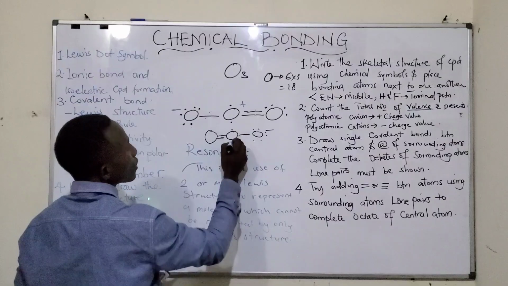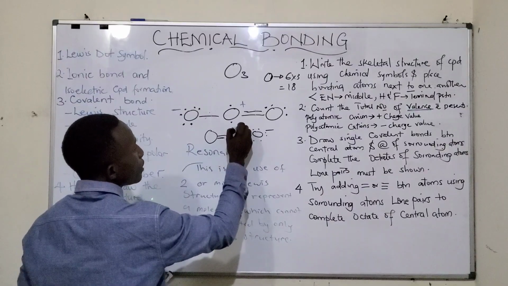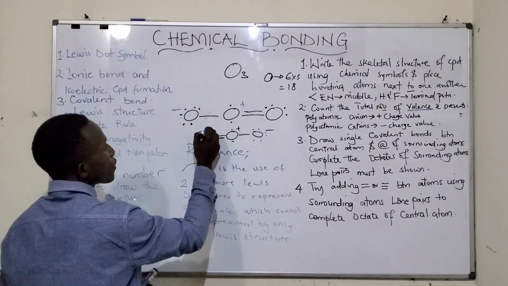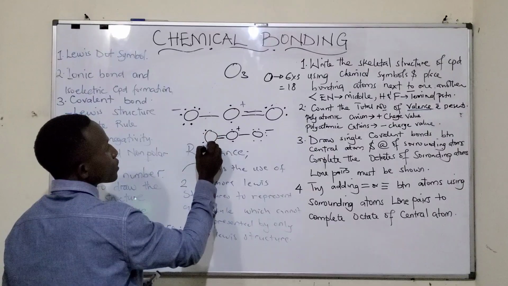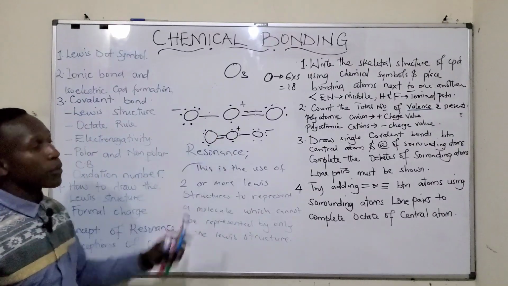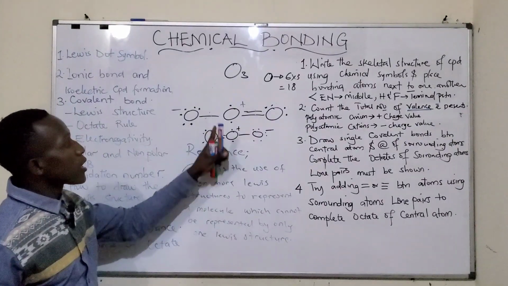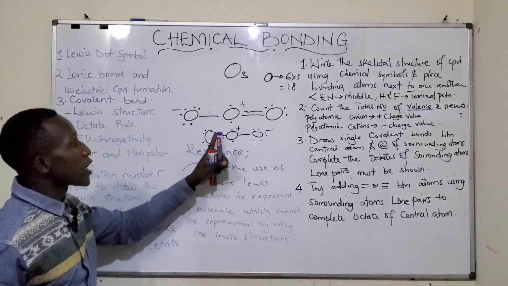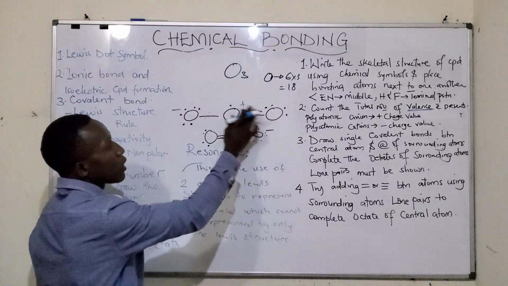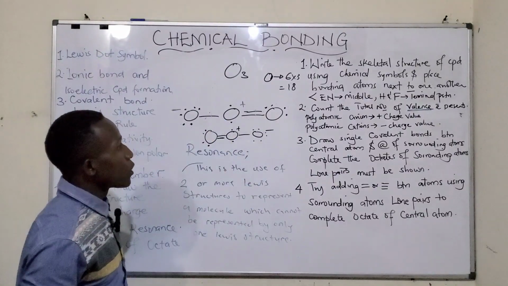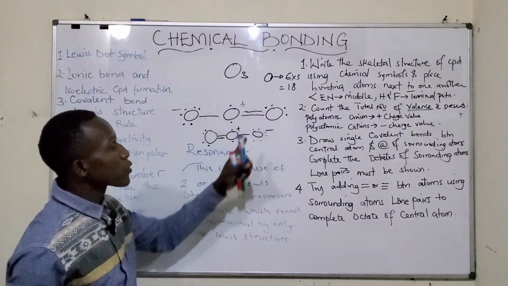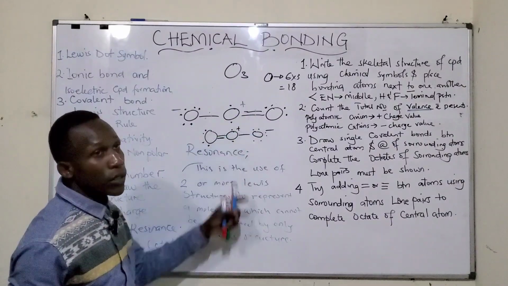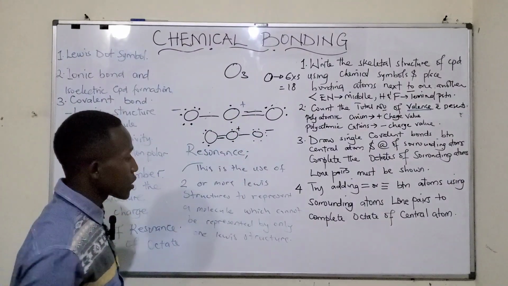Then this one has the lone pairs and a positive charge. This one is having 1. It's having 2 lone pairs of electrons. So these are the 2 resonance structures which can be drawn for ozone. Ozone may not be represented by one structure because they are both correct. They are all possible structures.